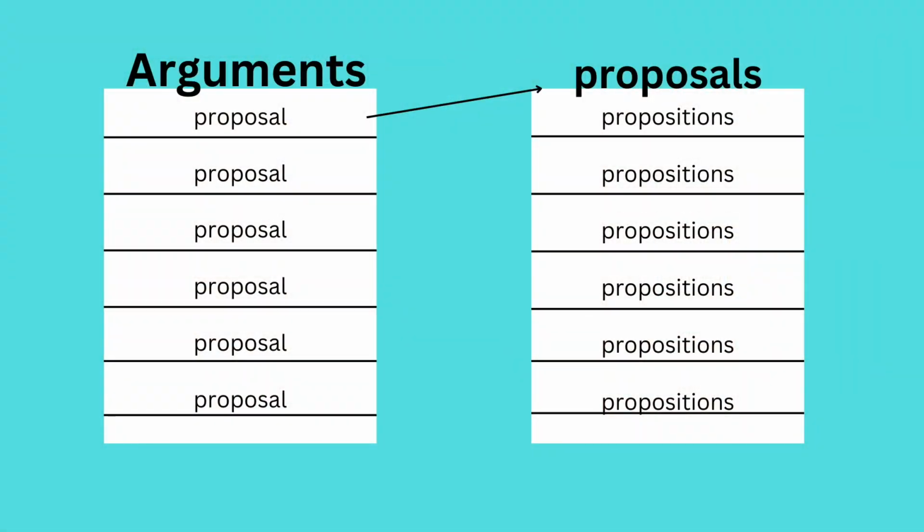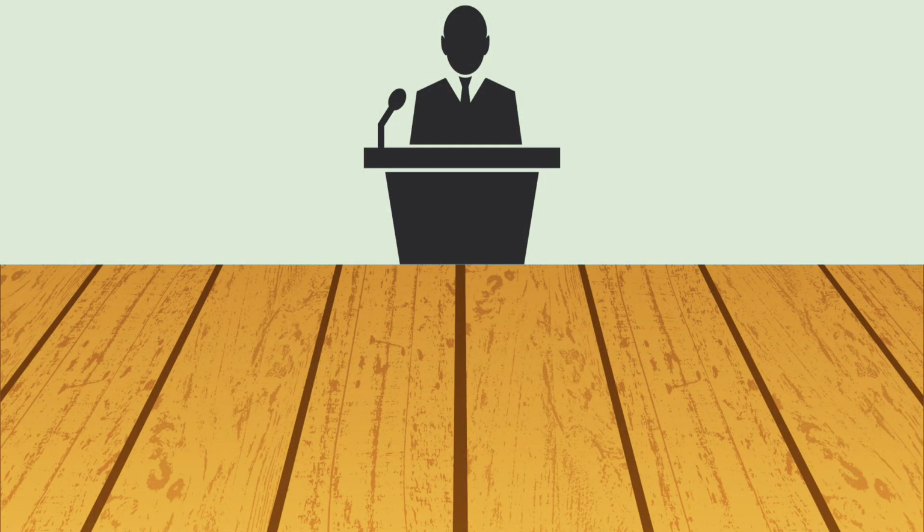To get back to what they were saying, to make an argument, the author must make proposals that support that argument. You need to know what the proposals are and whether or not they support the argument the author is making. And proposals are made up of propositions. It's kind of like an old political candidate platform. You don't hear it very often anymore, but they talked about candidates having a platform.